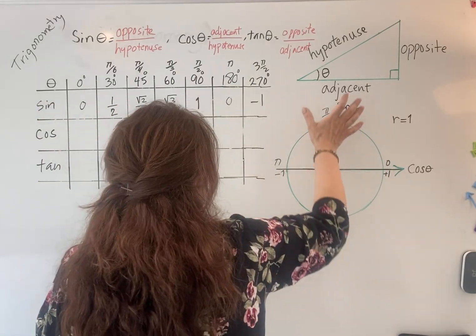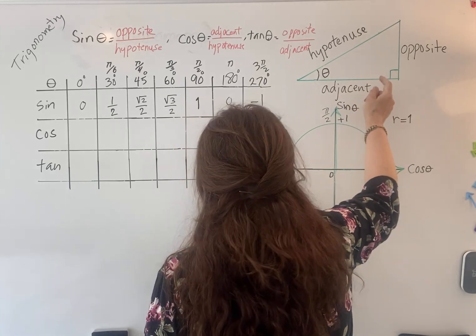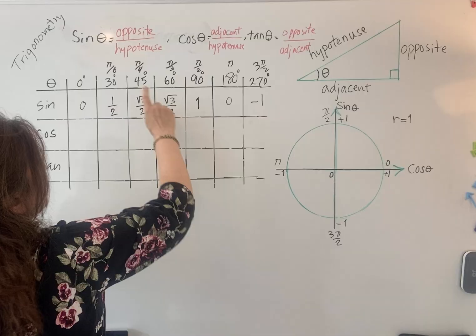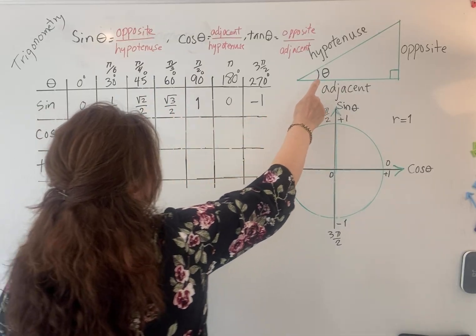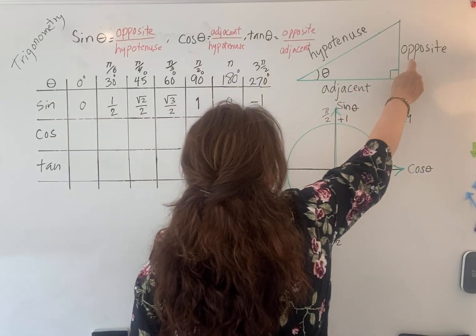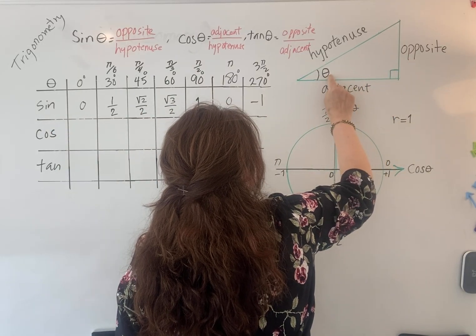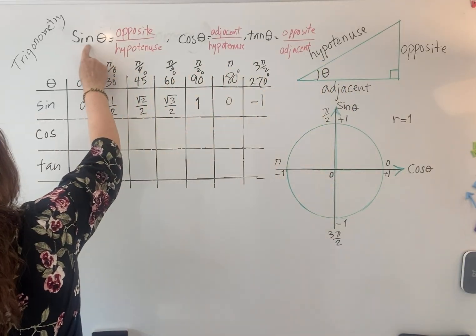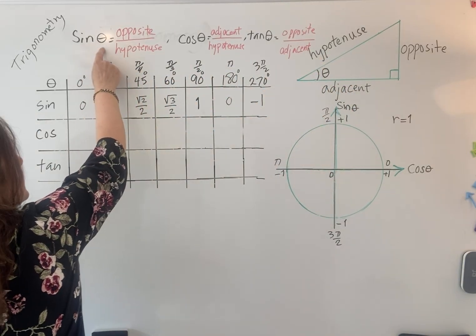There is a relationship between these sides. For example, the relationship of the opposite side of this angle over hypotenuse, we call sine of theta. What is the sine of theta?